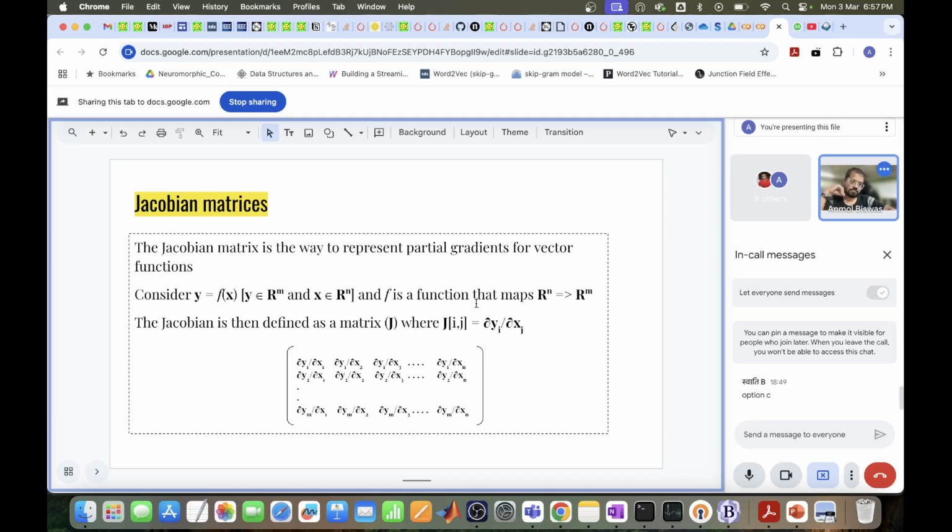But typically you don't need this Jacobian treatment, except for the very simple case of matrix vector products, in which case the Jacobian is nothing special. It is just the transposed form of the weight matrix itself.